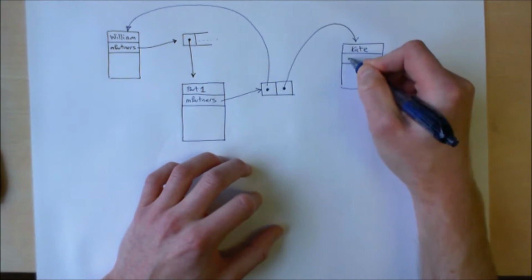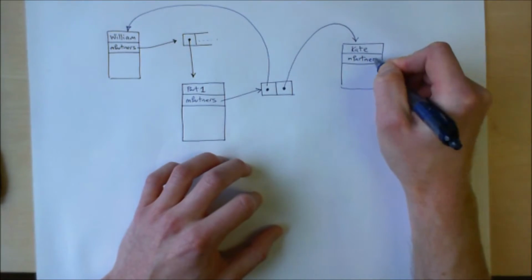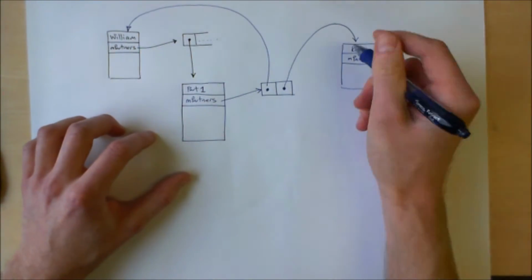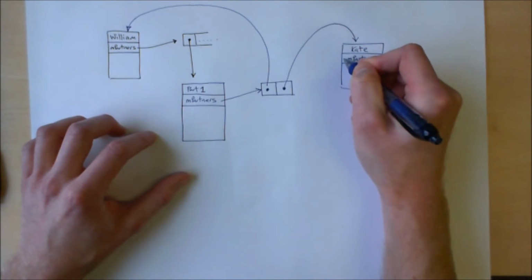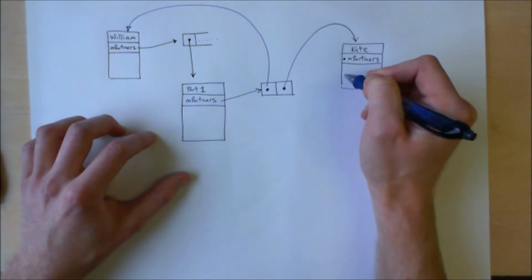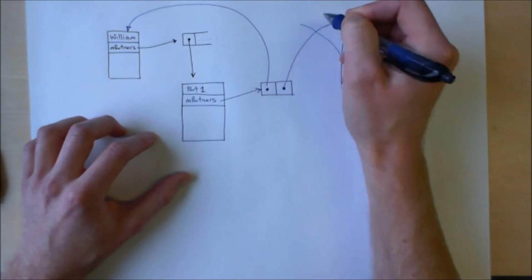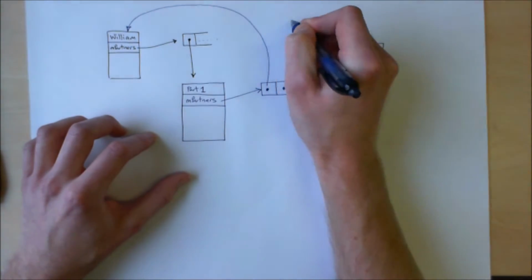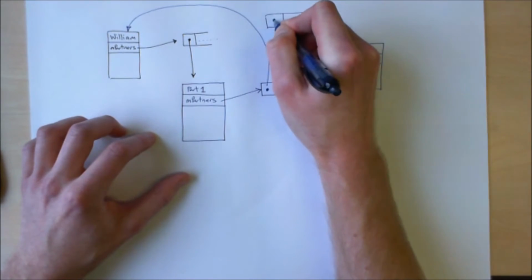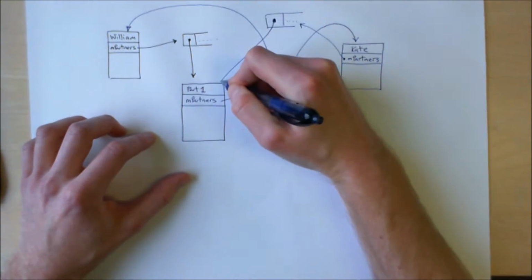So Kate is also going to have her M partners object in it, and that's going to point back to an array which could have lots in it, but actually it only has one, and that one points to here.